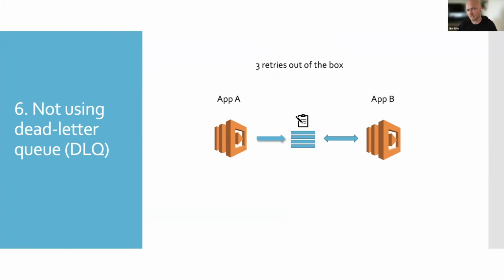But then, let's say the retries is set to 3. After 3 retries, the message pretty much will be gone. That's what that means. And that's usually not what you want because you just lost the message. So a much better way to handle that is to keep the message, but after 3 retries, tell the queue to send the message to a dead letter queue instead.